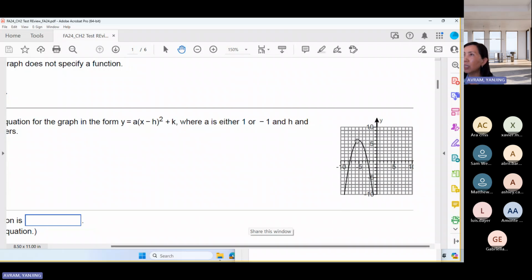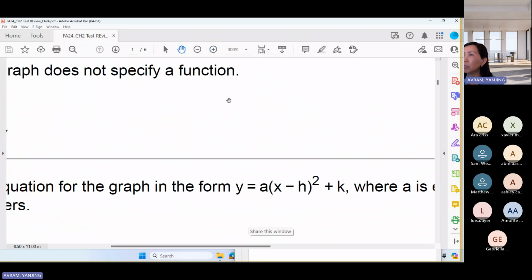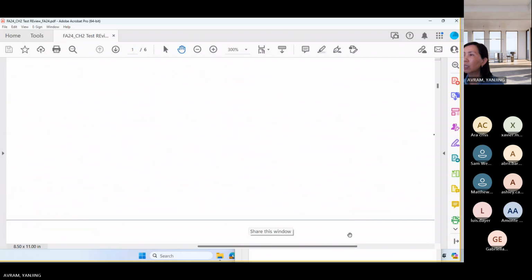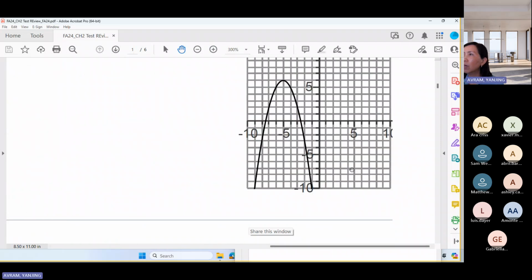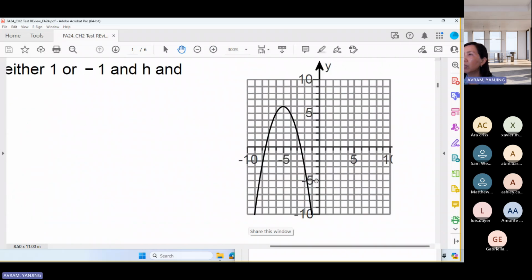So the vertex here, let's make it even bigger. Let's see, where's the graph? All right, now we can read the graph. X would be negative what? Let's see, that is 1, 2, 3, 4, 5. Looks like H will be -5, right?